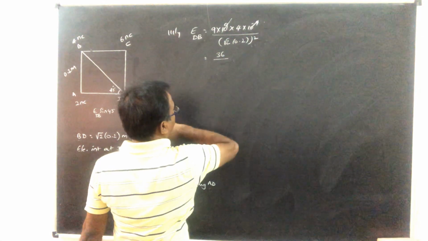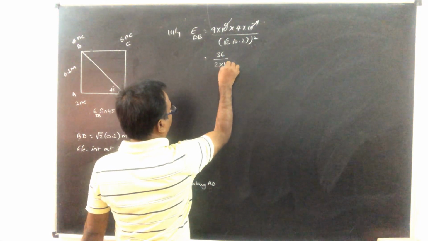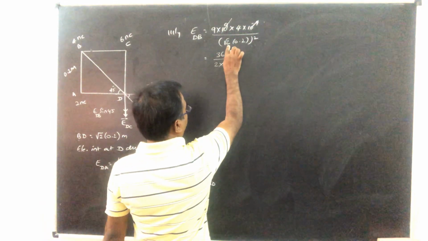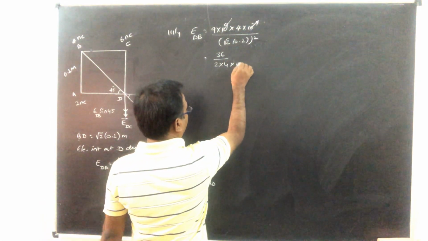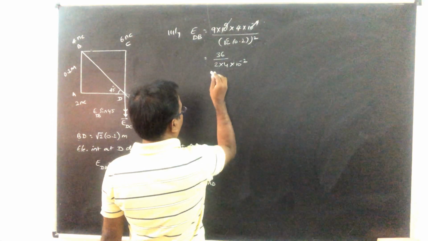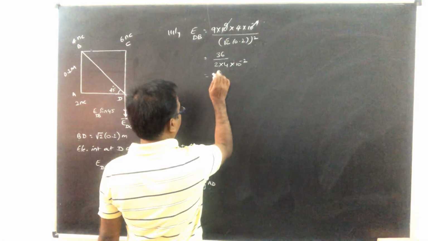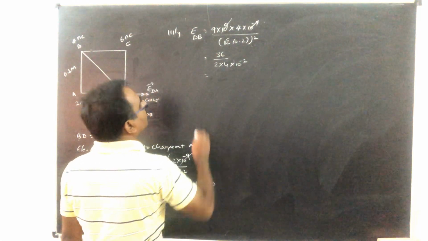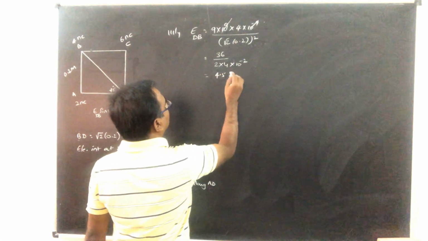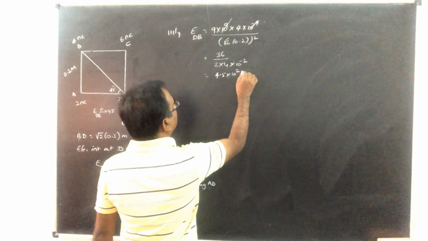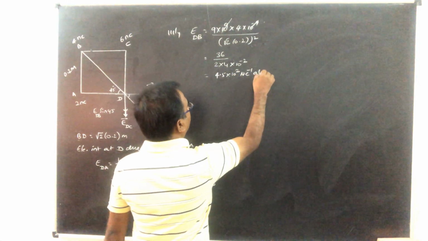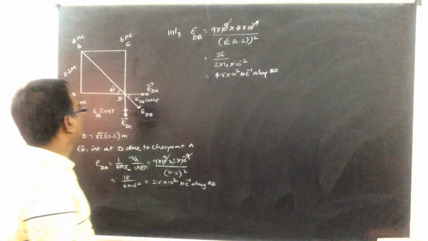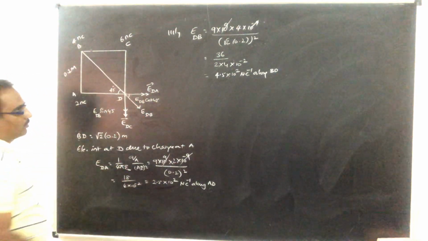So this is 36 divided by 2 into 4 into 10 to the power of minus 2. So this becomes 4.5 into 10 to the power of 2 Newton per Coulomb along BD, in this direction.